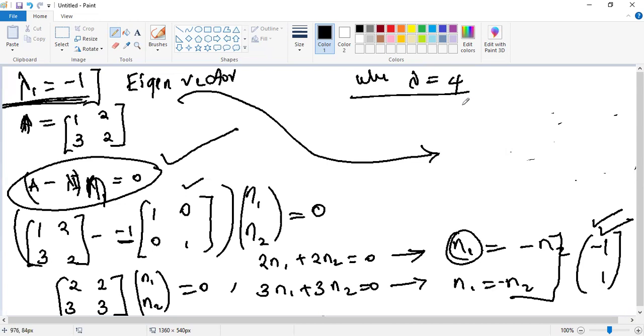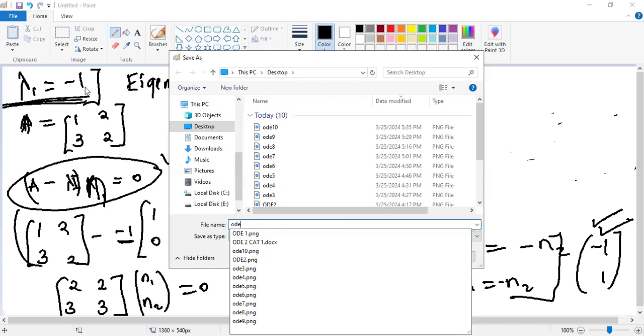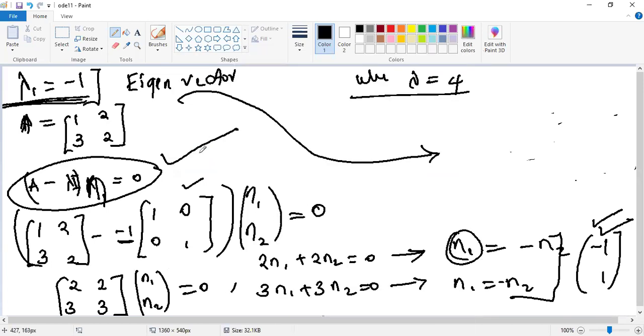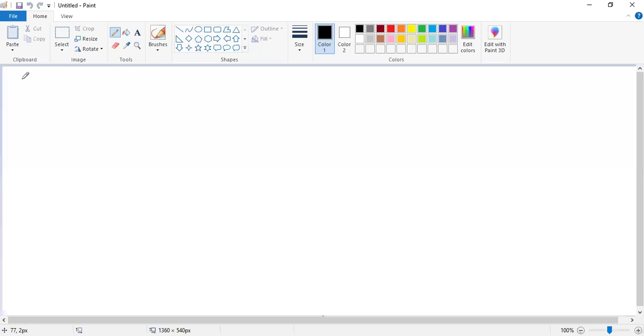Now, I want to do the one for when lambda is equal to 4. So when lambda is equal to 4, now our matrix A, let me just write it again for reference sake, is 1, 2, 3, 4.